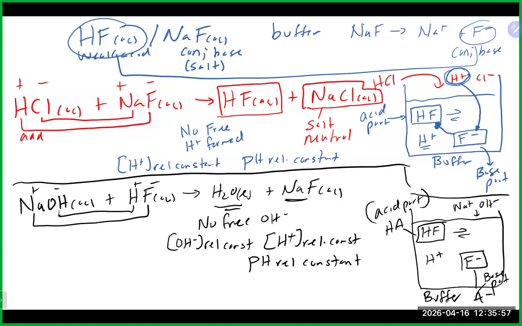Again, I say relatively constant on both of these because if you were following it with a pH meter and you added acid to your buffer, again, you would see it go down just a little bit. If you add base to your buffer, you would see it go up a little bit. In fact, when you make a buffer in real life, you will never get the pH to be exactly what you want.